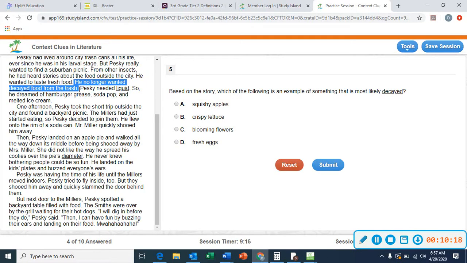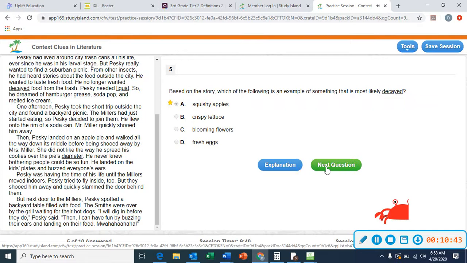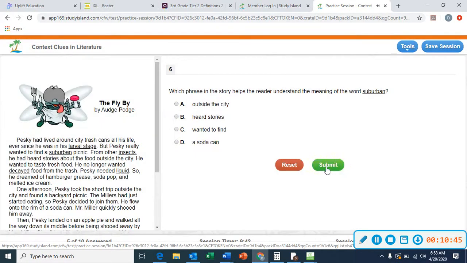What goes in the trash, guys? Squishy apples, possibly. Does crispy lettuce go in the trash? No, that's fresh lettuce. Do blooming flowers go in the trash? No, they're fresh flowers. Do fresh eggs go in the trash? No, they go in my belly. I love eggs. So our only possible answer is squishy apples. Next question.